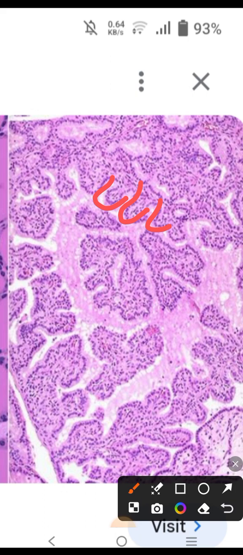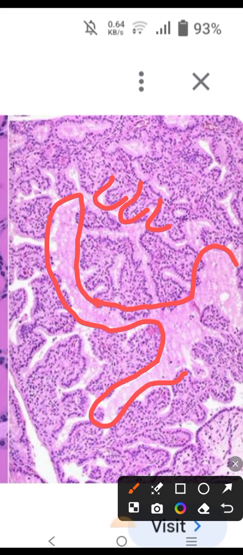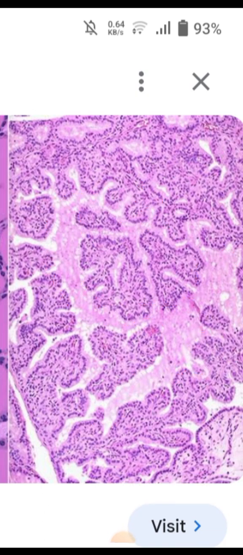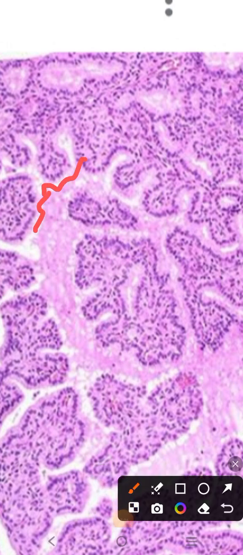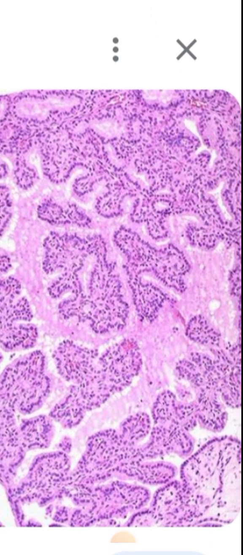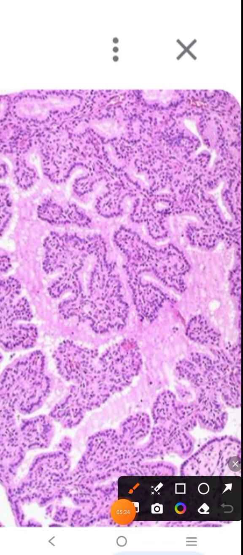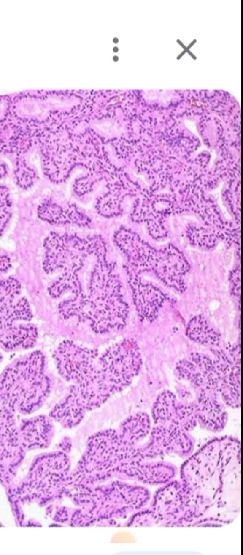Because here is a somewhat light pink colored structure, which I used to think might be an amyloid structure, which is a characteristic feature of medullary carcinoma. But remember that if you see it clearly, it has scalloped margins, which are not present in medullary carcinoma, right? And moreover, here the follicular cells are arranged in the form of papilla, which are not present in medullary thyroid carcinoma, right?